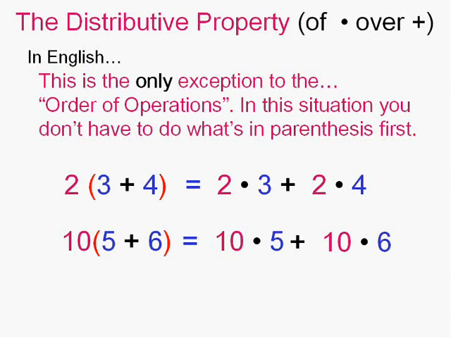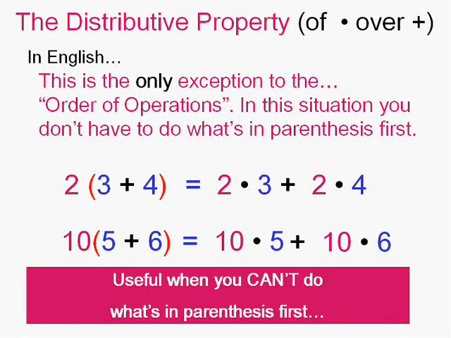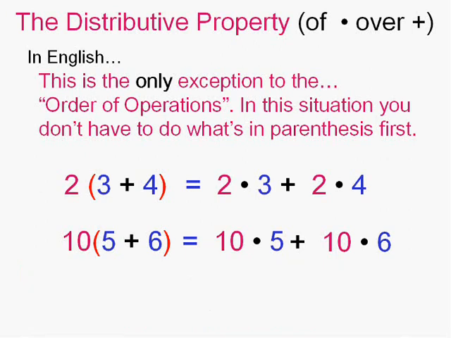Now you got to say to yourself, why would I ever do this? Well, there is going to be a time when you can't do what's in parentheses first. For instance, in this situation, we can't do x plus 5. I don't know what x plus 5 is. They're unlike terms.